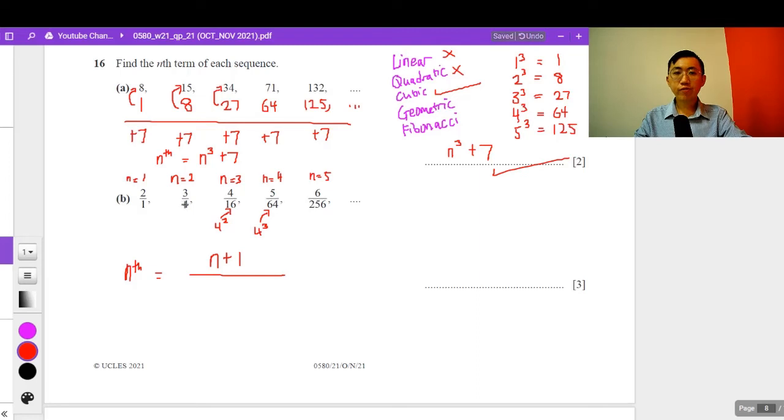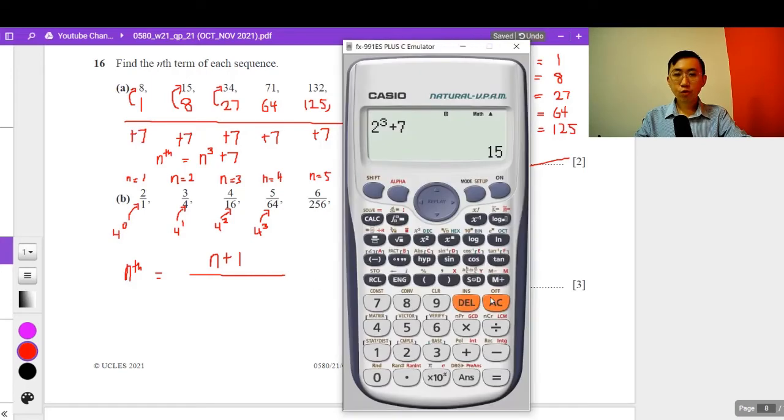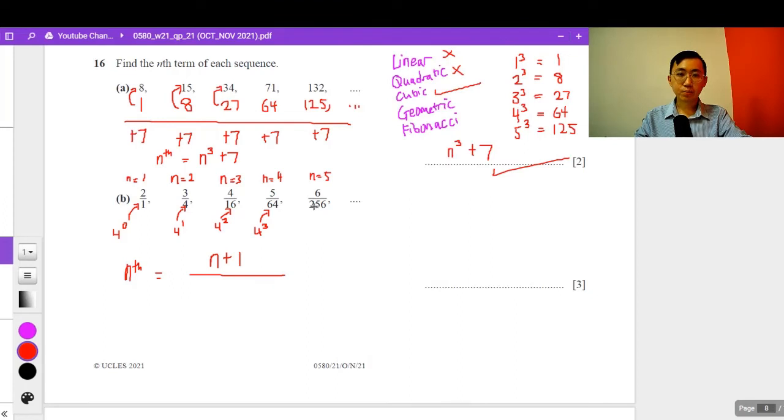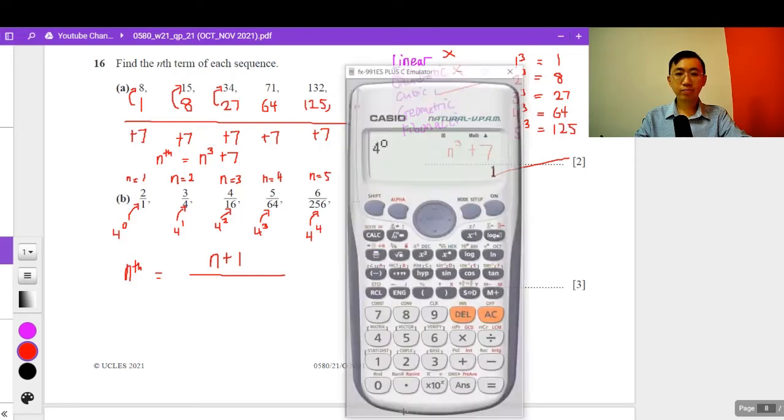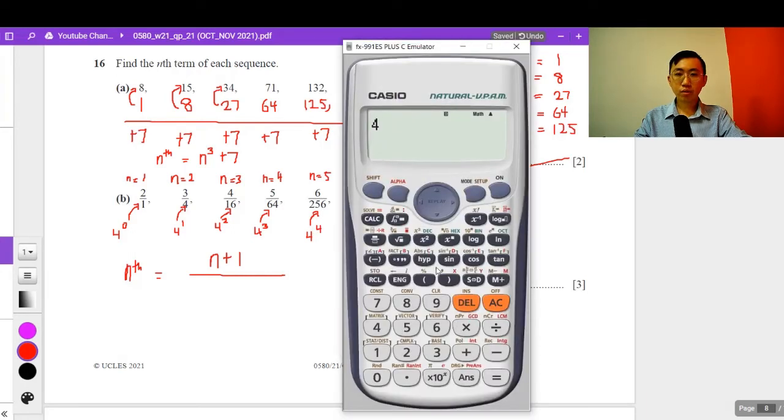And we know that 4 is actually 4 to the power of 1, right? How is this 1? Because this is actually 4 to the power of 0. Alright, I can prove to you 4 to the power of 0, you should be getting 1. And this position, 256, definitely is 4 to the power of 4. Why don't we try that? 4 to the power of 4. Alright, 256 indeed.